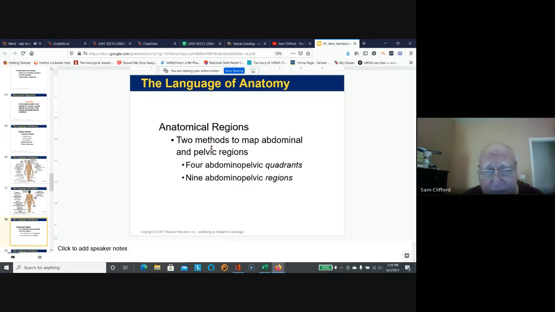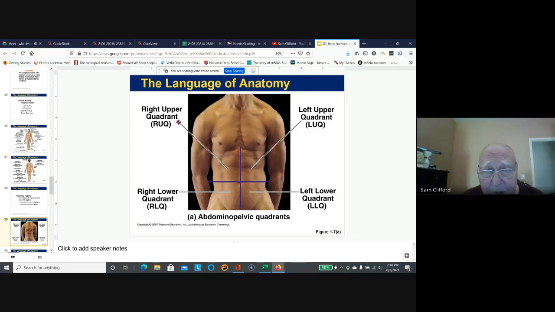So we're going to have anatomical regions. What does that mean? We'll have quadrants. During medical observations and medical procedures, locations of incisions need to be stated in the medical record, and these quadrants will be one way to indicate what happened where.